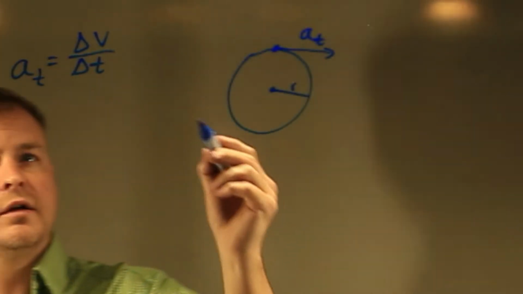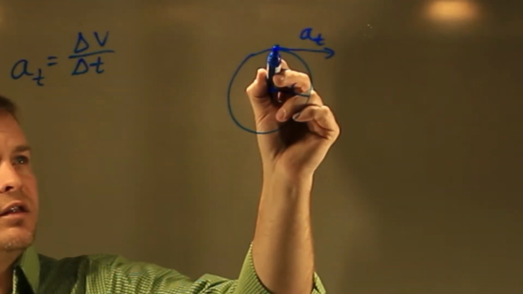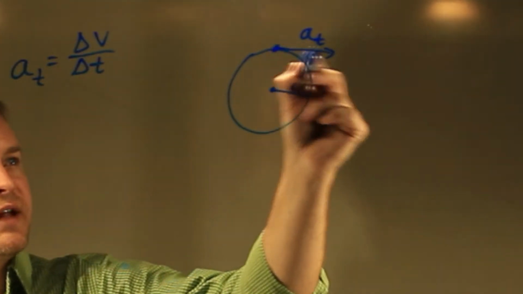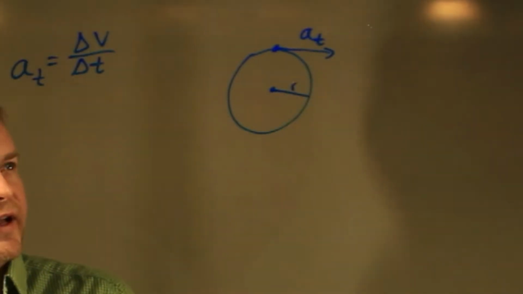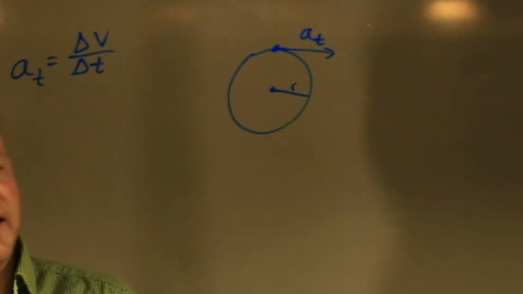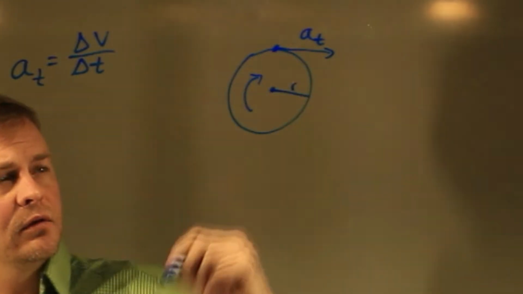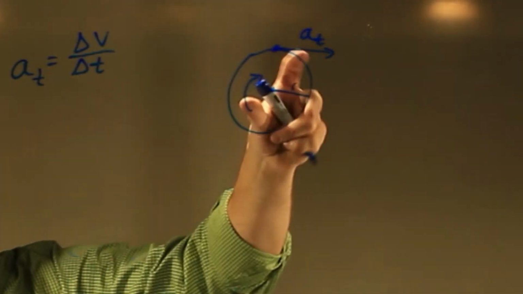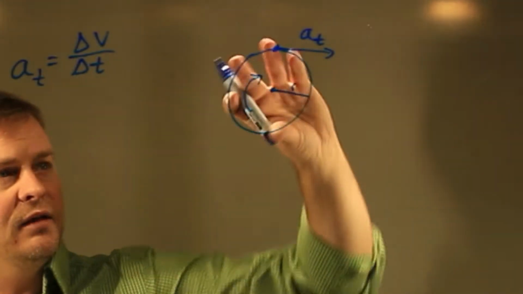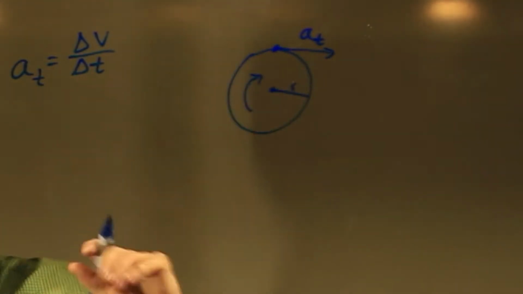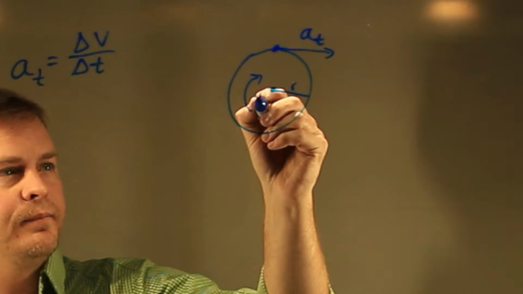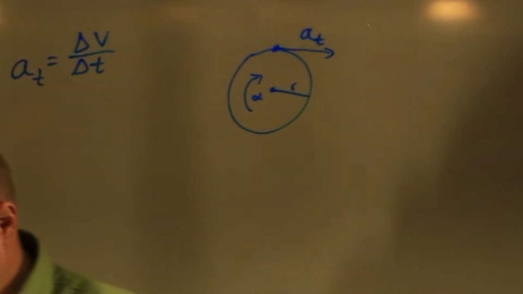Just like with linear velocity, the tangential change in velocity is called a sub t. Just like with angular velocity, if you look at the wheel and how it turns, if that angular velocity changes, then we call that angular acceleration.